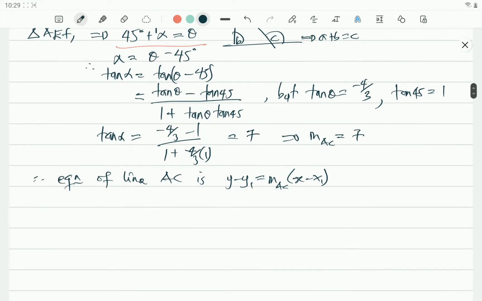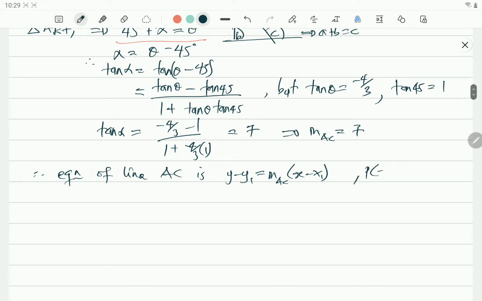That is one of the points on AC, and that point is actually given as minus 2, 3. So we have every information. Therefore y minus 3 equal to 7 x minus minus 2, which finally gives us y minus 7x equal to 17, right? After evaluation, that is what you get. Then we try to solve them simultaneously. So this is actually our equation 1.